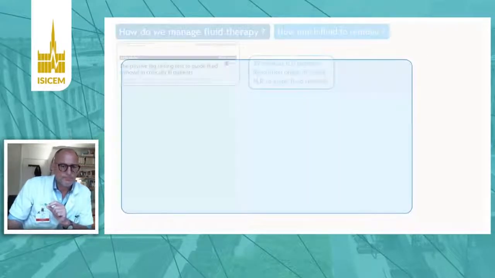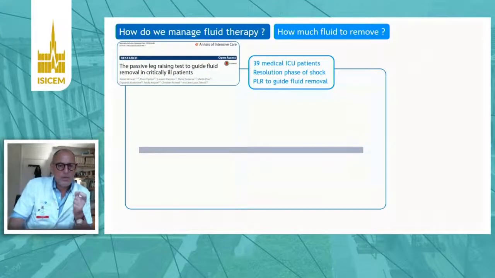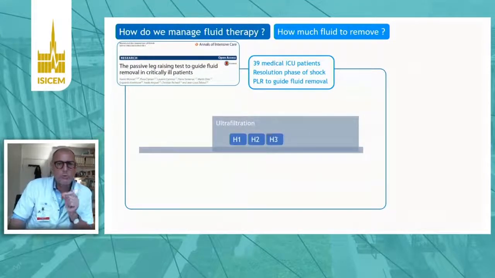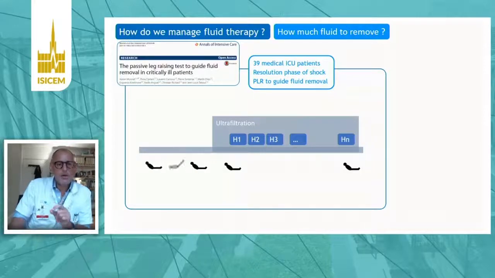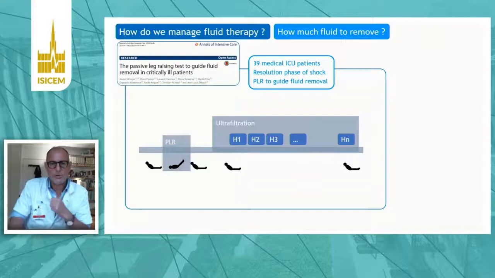In this study, we made the hypothesis that fluid removal should induce hypotension only if the patient is in a preload responsive condition. If there is no preload responsiveness, decreasing preload by removing fluid should not induce any decrease in cardiac output and any hypotension.